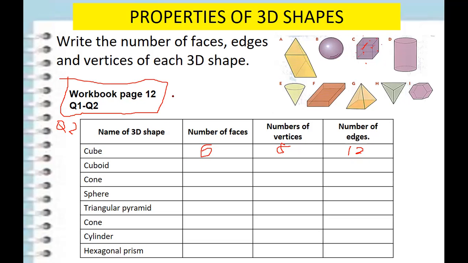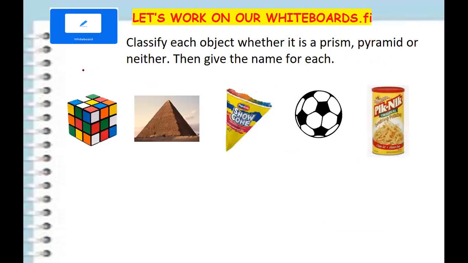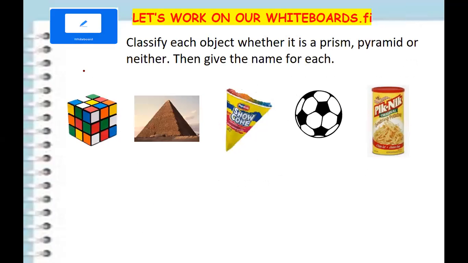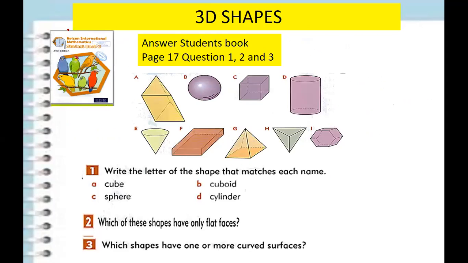So meaning, I want you to answer page 17 in the student book, all questions, all pages, and workbook, page 12, question 1 and 2. All right, Year 6. So I want you to answer that one and submit it to me. Workbook and student book. So I will write it here again. This is for the student book: student book, page 17, question 1, 2, and 3.